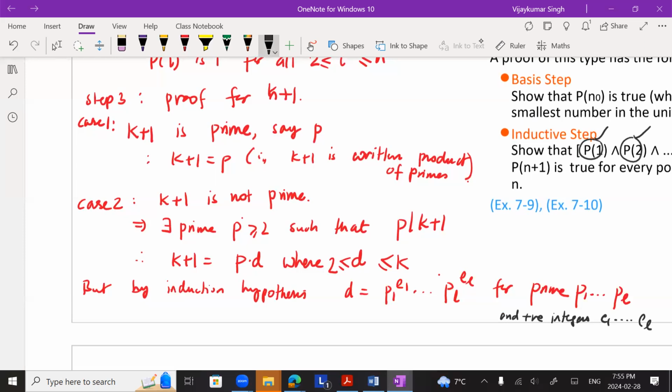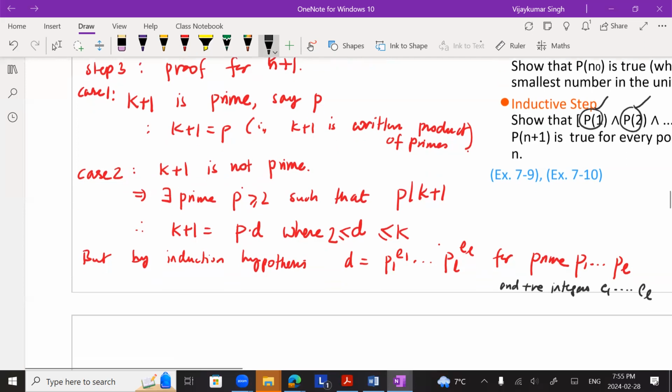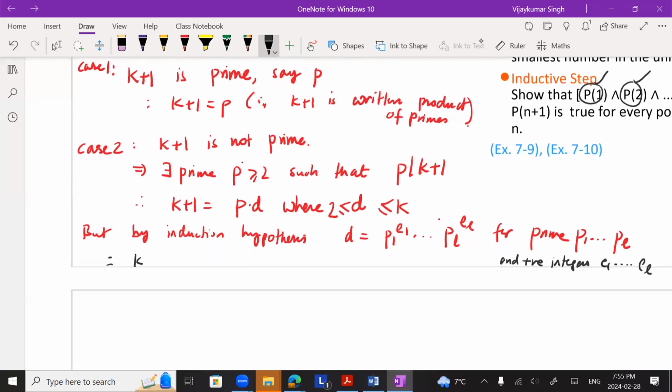We don't know how many of them there are or which primes they are. That's not our concern at all. So we get k plus 1 is p times p1 to the power e1 up to pl to the power el.